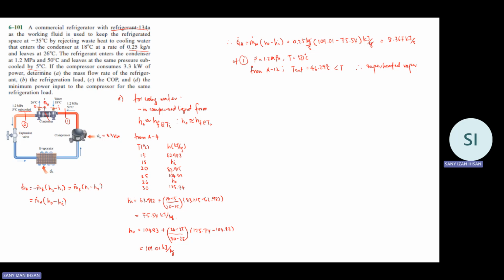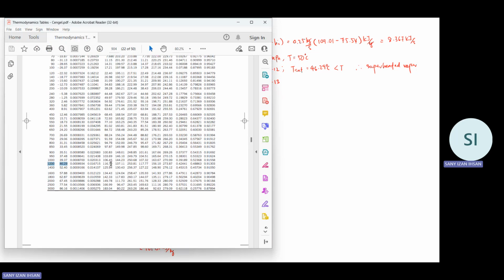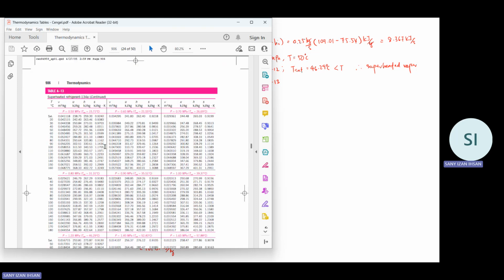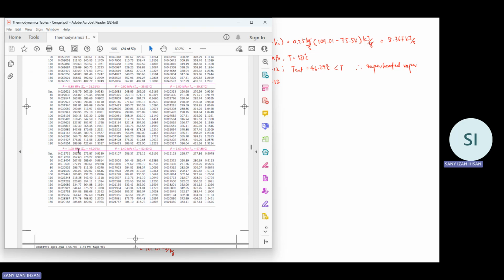So now we have to go to table A13, the superheated vapor for refrigerant. If you go to A13, for pressure 1.2 megapascal, saturated at 46.29, and our temperature is 50, so we don't have to interpolate.